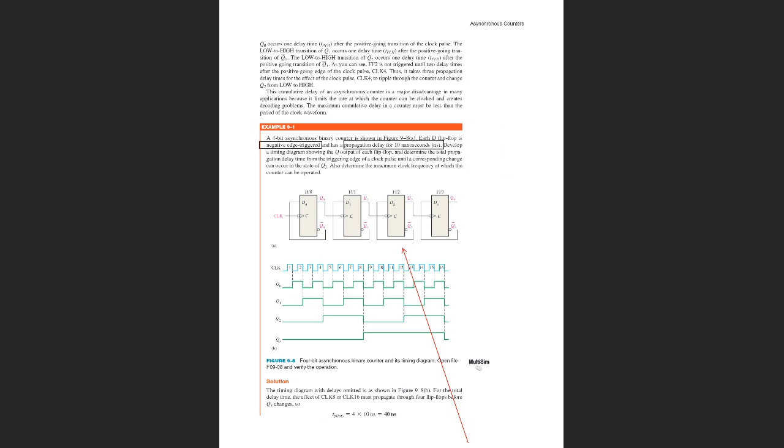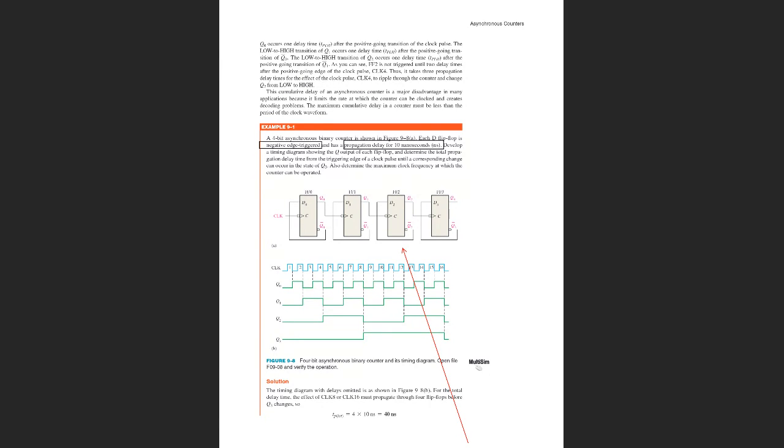Let's have a 4-bit asynchronous binary counter made of D flip-flops. Now they are triggered by the negative edge of the clock. We start with all zeros, and at the output we now use Q0 instead of not Q0.